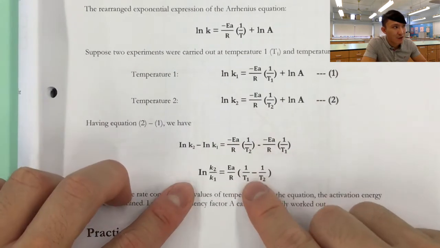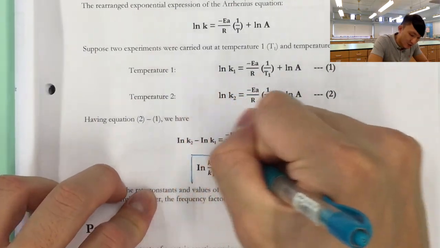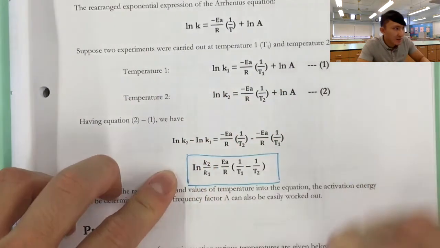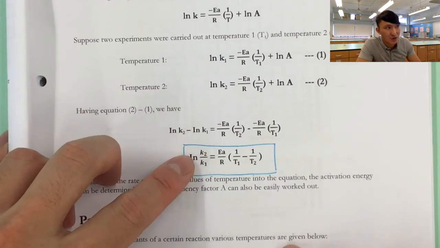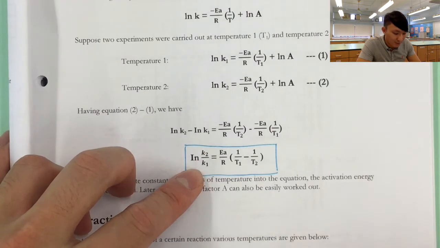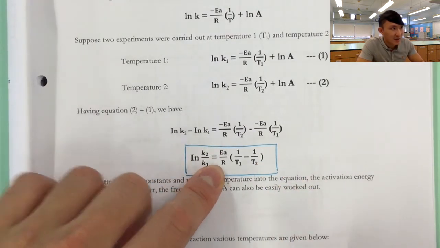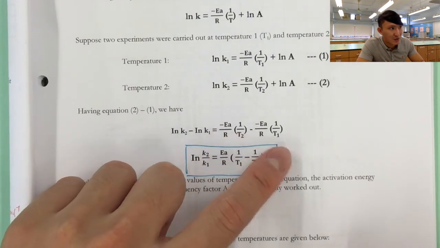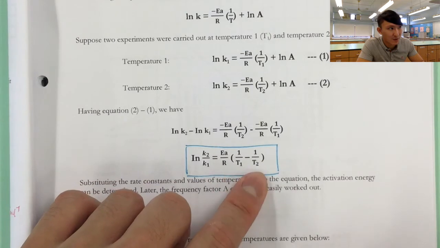And then after rearranging the terms, we have this equation. Now when natural log minus another natural log, that is equivalent to natural log of K2 over K1. Okay? And this one, we group the EA together, and then we put 1 over T1 minus 1 over T2.